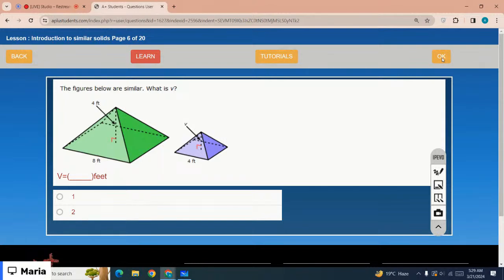Which is the correct option? The correct option is 2.